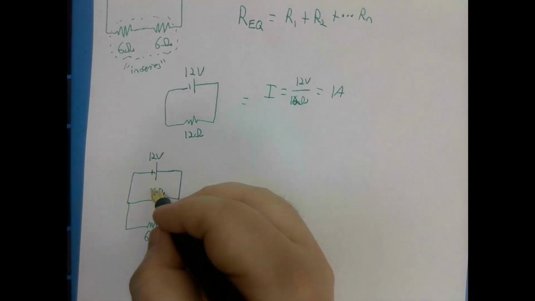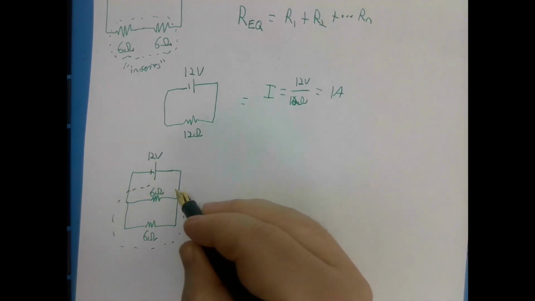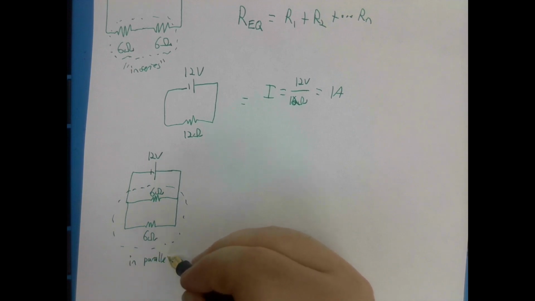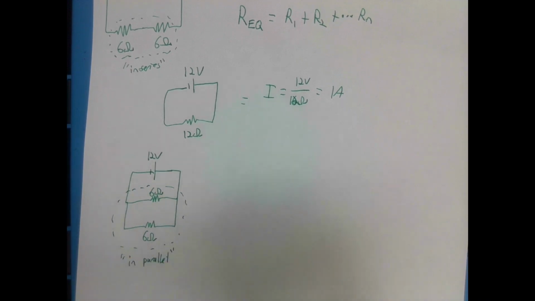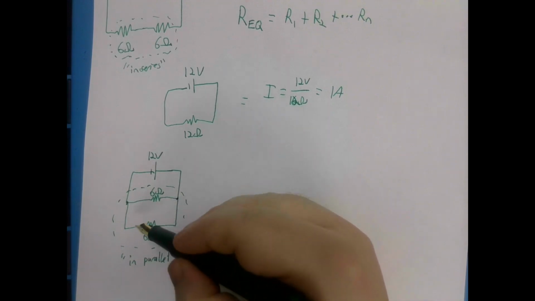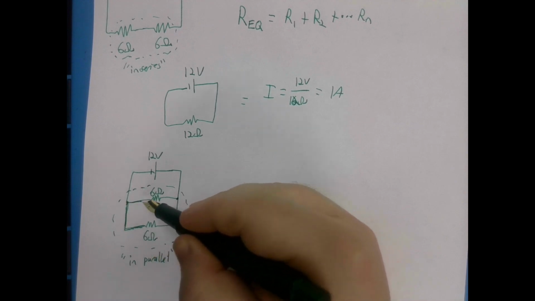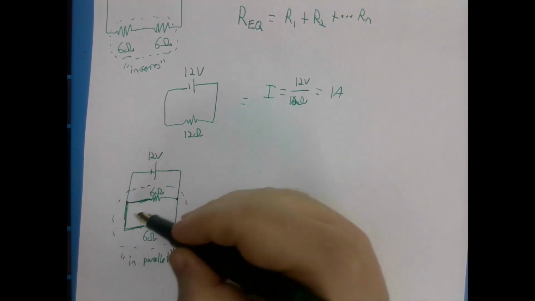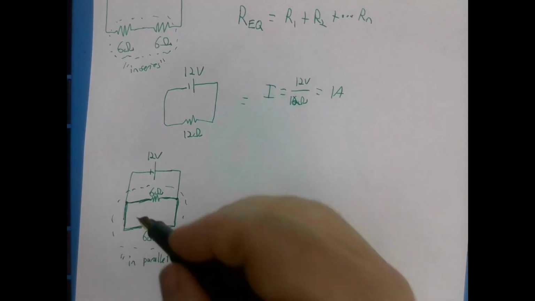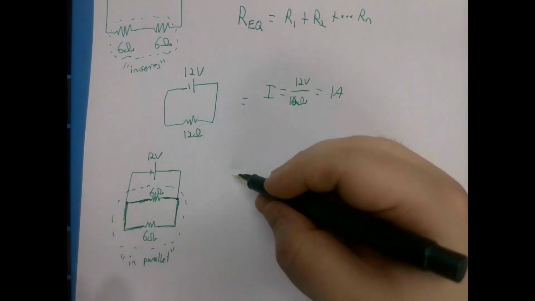But there's a new rule for parallel. So these resistors are in parallel. They share the same endpoints. You can connect this one to this one without passing through any other resistors. You can connect this one and this one, so they share the same wires. This is being called in parallel.